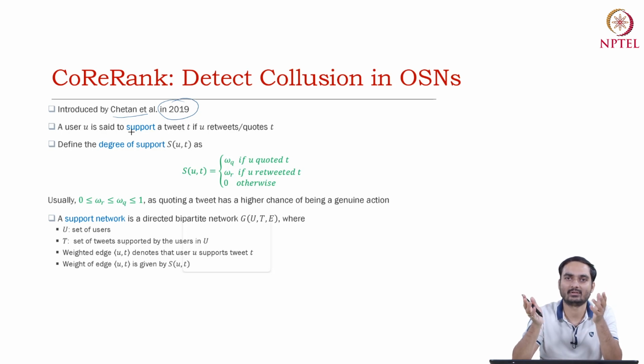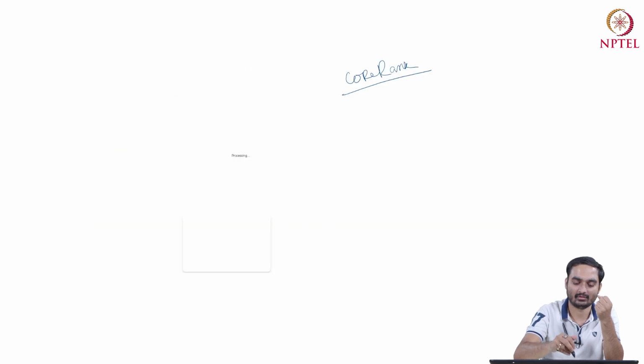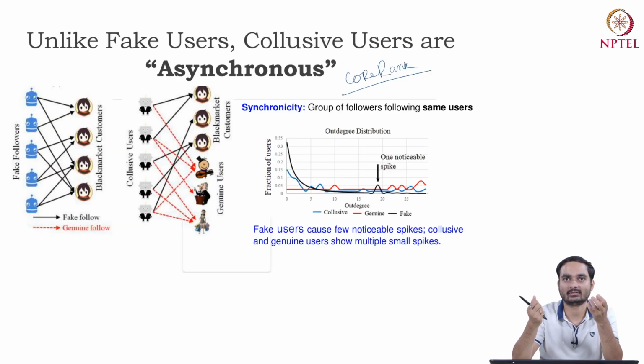We employ an unsupervised, behavior-based iterative approach to measure the credibility and the merit. Users with less credibility are collusive users, and tweets with less merit values are fraud tweets.